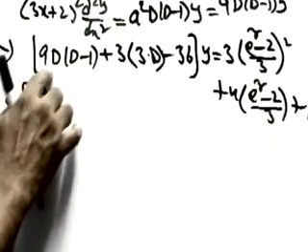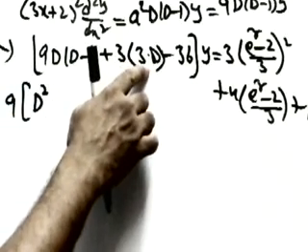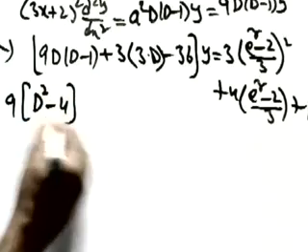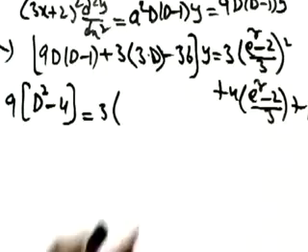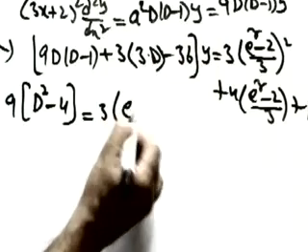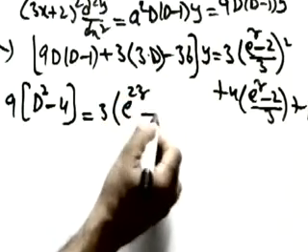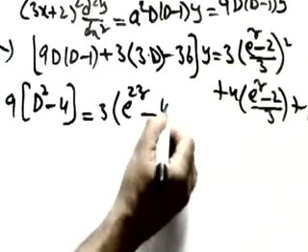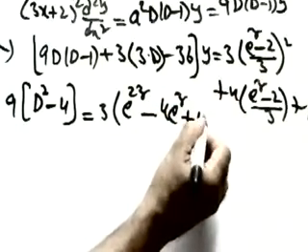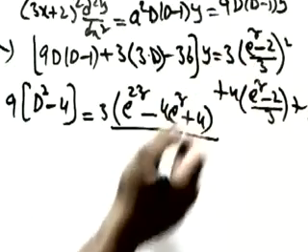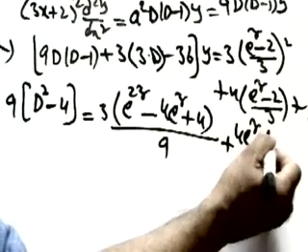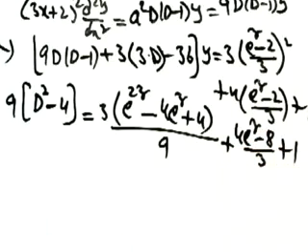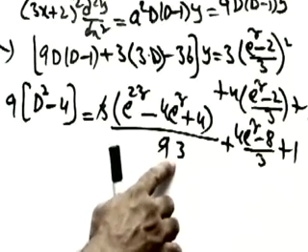It is left with D into (D minus 1), minus D plus D will cancel, and 9 fours are minus 4, equals 3 into, we expand this (a minus b) whole square: a square means (e power z) whole square, e power 2z, minus 2ab, 2 twos are 4, e power z, plus b square, 2 square 4 by 3 square 9, plus you multiply this 4 e power z minus 4 twos are 8 by 3 plus 1, 3 ones are 3.